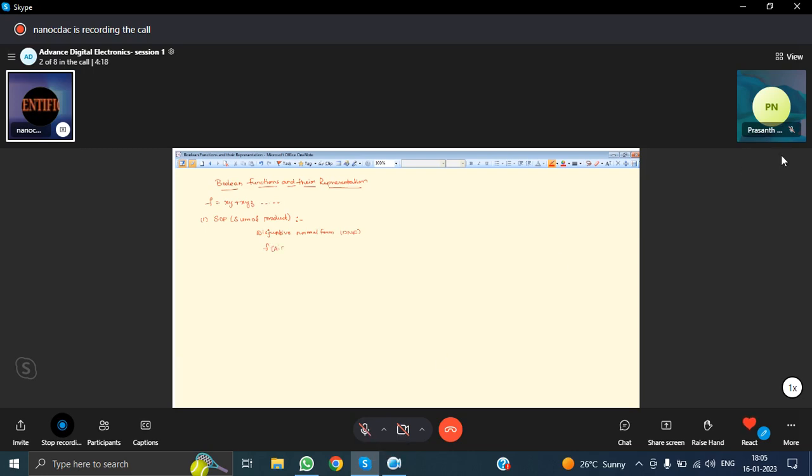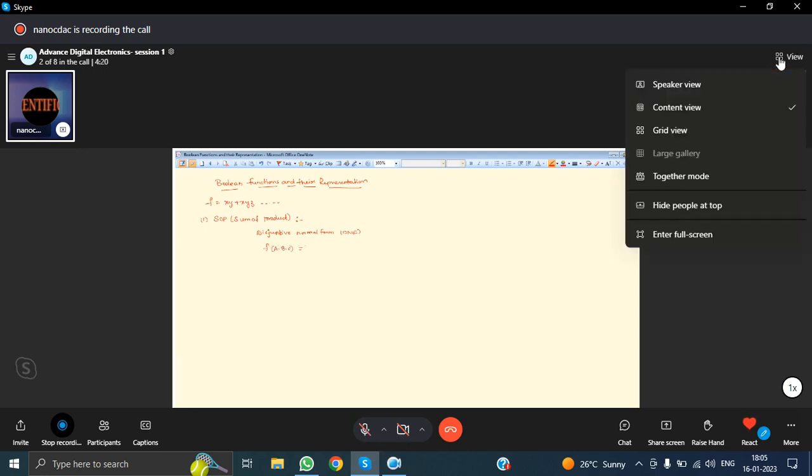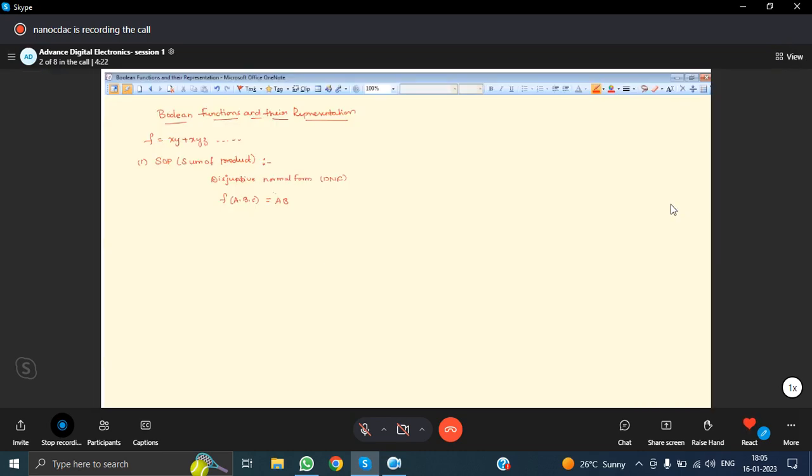A function with the literals a, b, c can be represented as a bar b plus, this is just an example. These two are the products, so it is a sum of two products, the sum of product form.